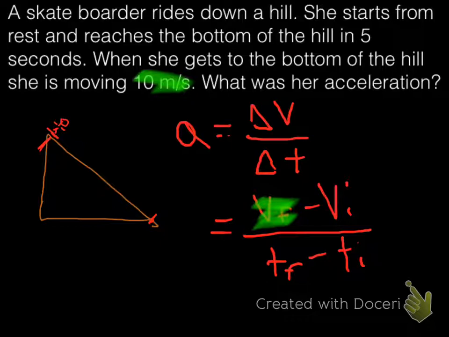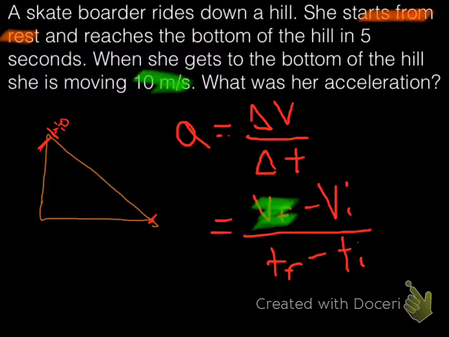Let's think about our initial velocity. Our initial velocity is simply how fast we're moving at the start. In this problem, she starts from rest. If she's starting from rest, that's going to be a velocity of 0 meters per second. If you're not moving, you're moving 0 meters per second. Let's also find the times here.